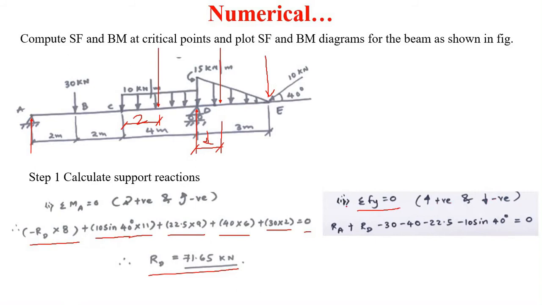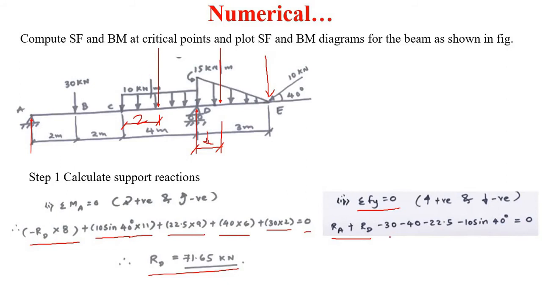By using these sign conventions, we take the summation of all the vertical forces. RA and RD are going in the upward direction, so RA plus RD will be positive. Then the 30 kilonewton, the 40 kilonewton force, the 22.5 kilonewton, and the 10 sine 40 degree: all these forces are in the downward direction.